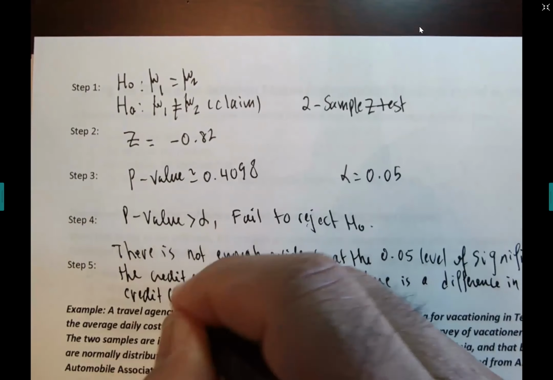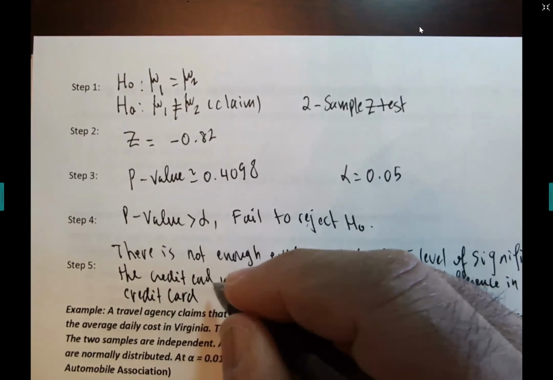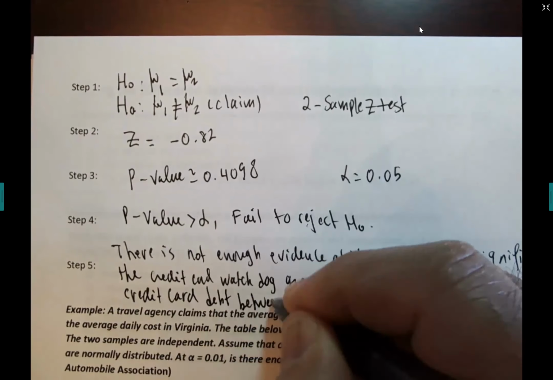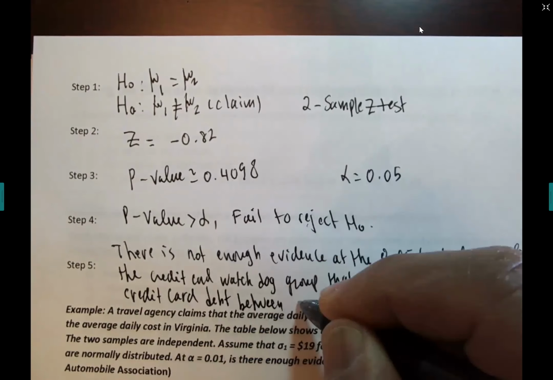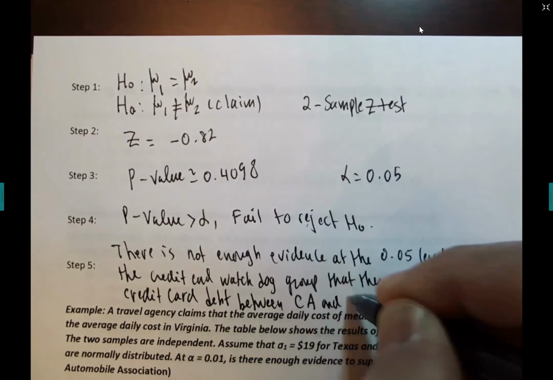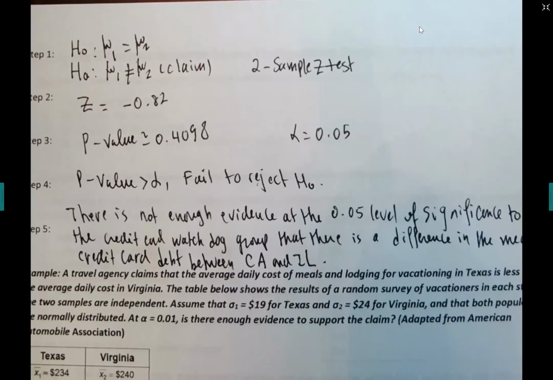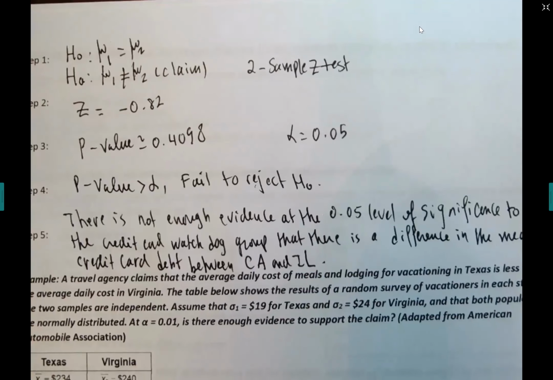I know it's a lot of writing, between California and Illinois. You just write it, just copy it, guys, and write it down. So this is the conclusion of the problem.